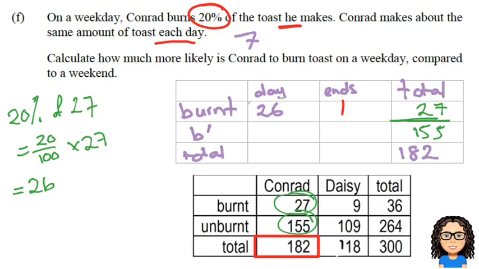Now I need to find the other numbers. So let's think about weekdays and weekends. So how many days are there in a week? Well, we know we've got 7 days in a week. And how many of them are weekdays? Well, we know there are 5 weekdays. So I know there's 182 pieces of toast in total. So I want to find 5/7 of 182.